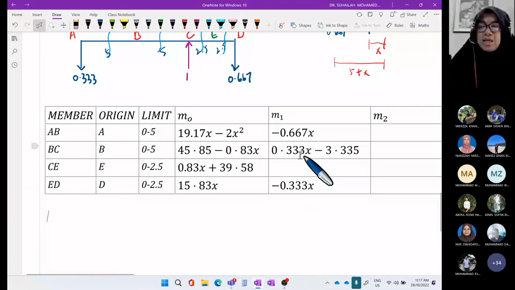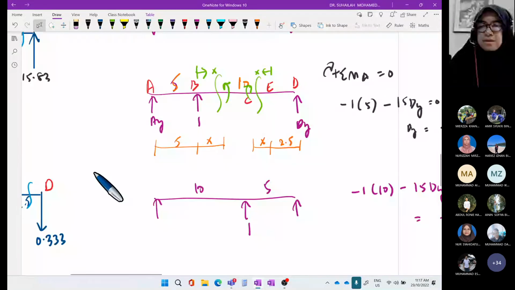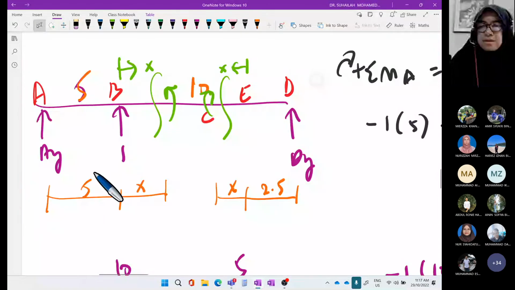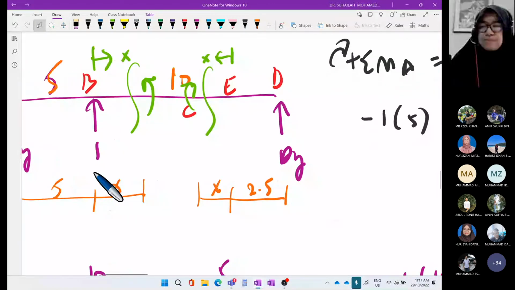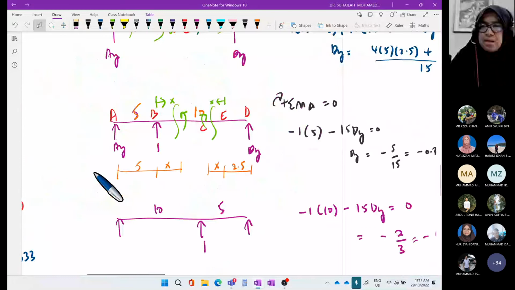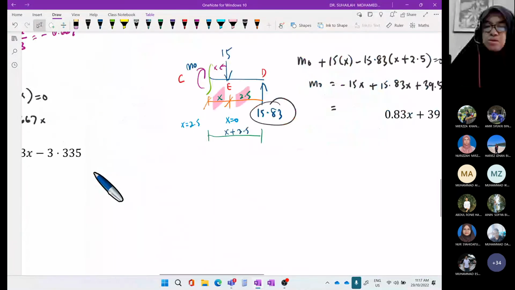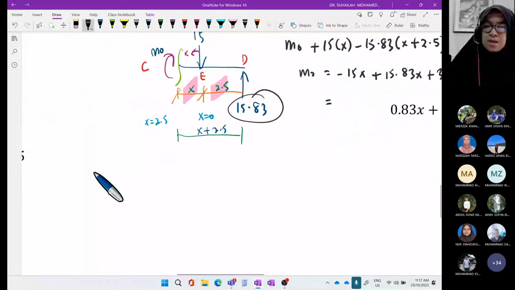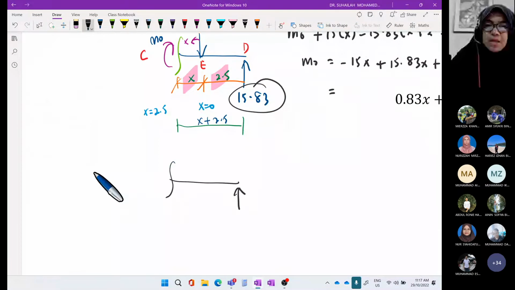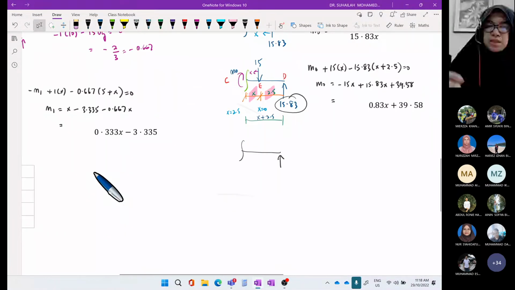Okay, so CE, what about CE origin E? CE origin E. Sini origin. So we have 0 point. Sini apa nilai dia tadi? 0.333 eh. 0.333.